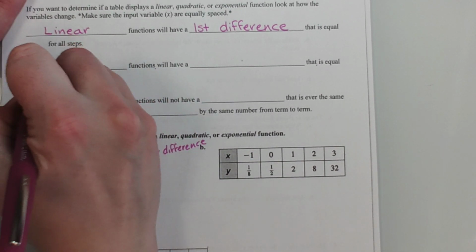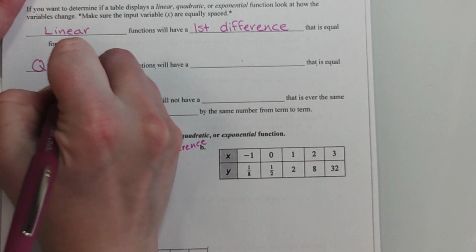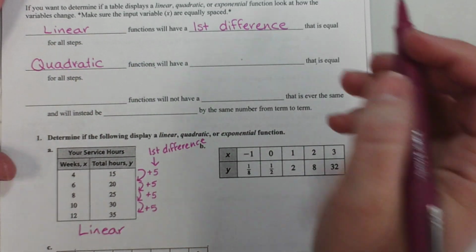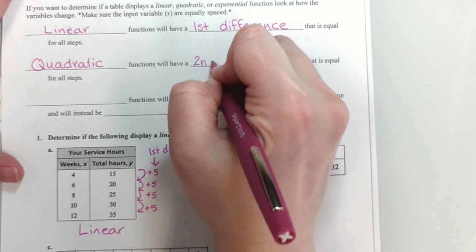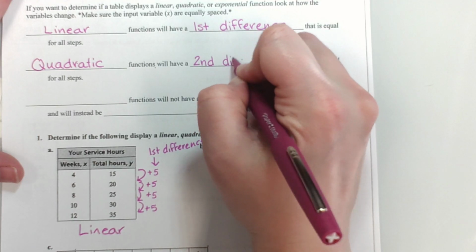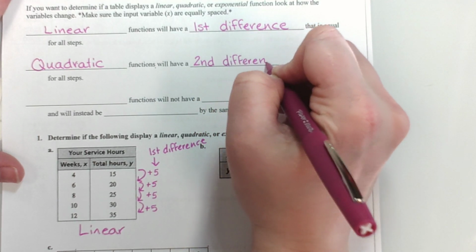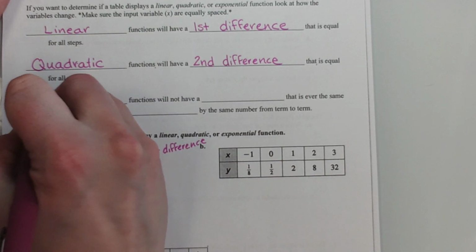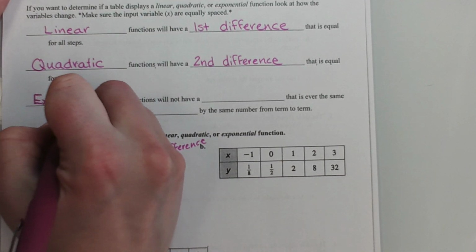Quadratic graphs don't do the same thing. A quadratic function will have a second difference that is the same from time to time. And for the second difference, essentially you look at your first differences and you see how they change. Exponential functions are very different.